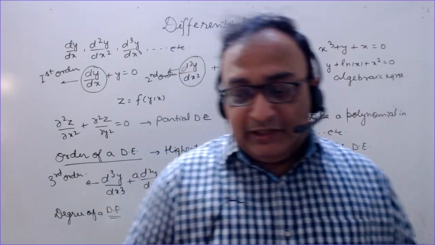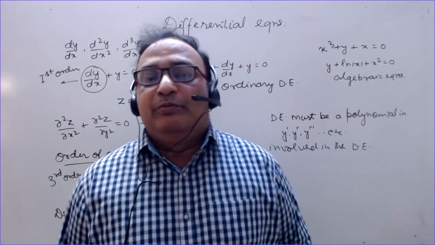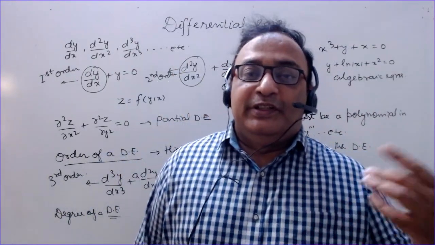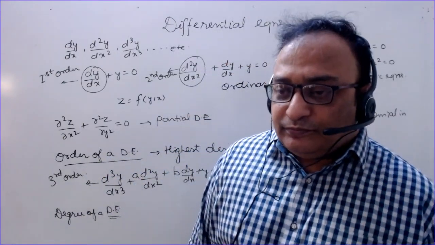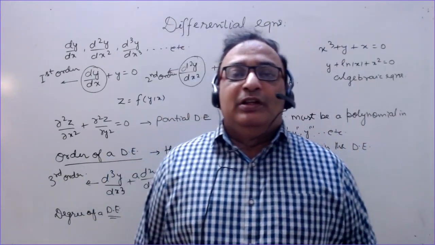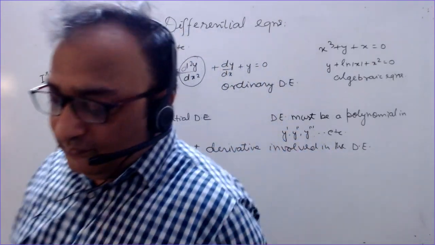What condition? That the differential equation must be a polynomial in terms of the derivatives, first, second, third, fourth, whatever is present. If this is not a polynomial, degree is not defined.